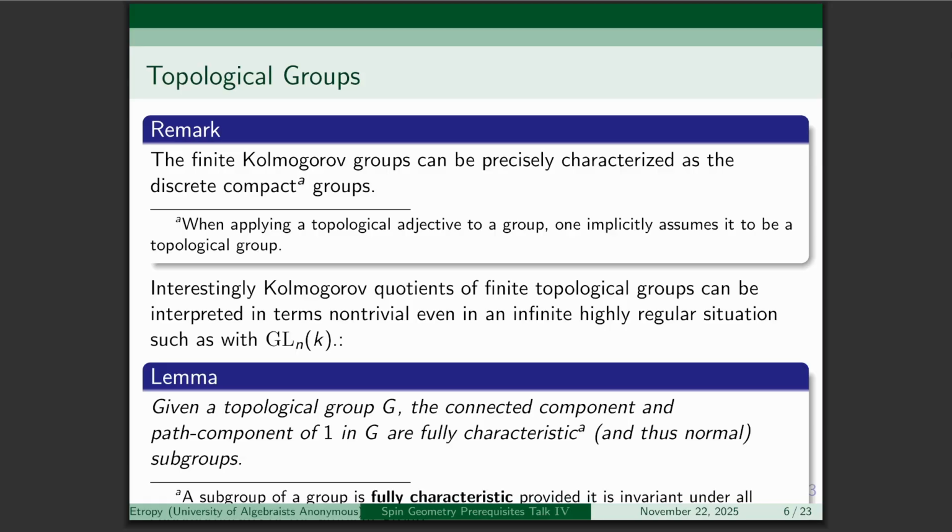But more interestingly, we can think of this clumping as a question of connected components or path components. Because you see, the connected components of a finite topological group will be exactly these clumps of elements.